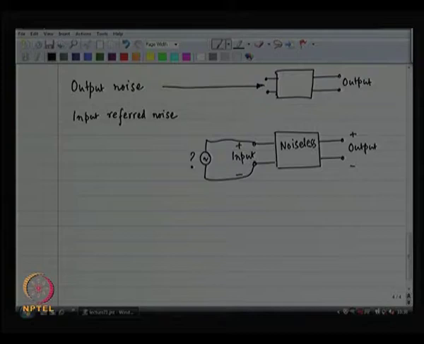Before is the output referred output noise. So, your target is to get the output noise. What should be your input such that you get the output noise through a noiseless network?